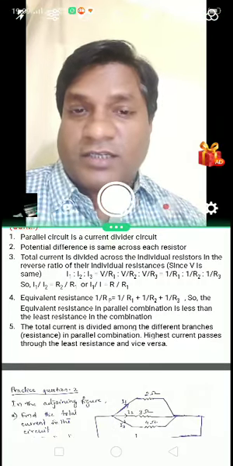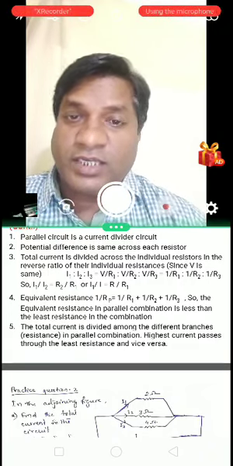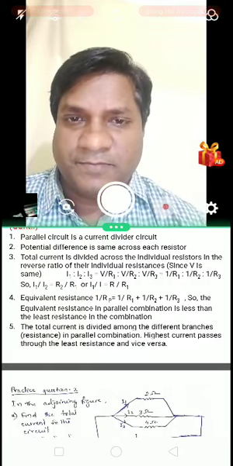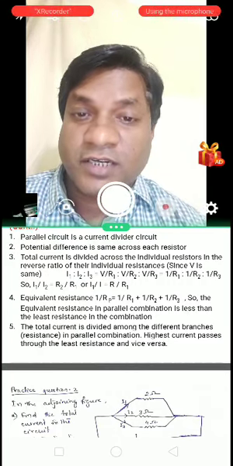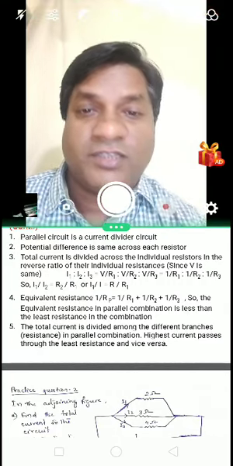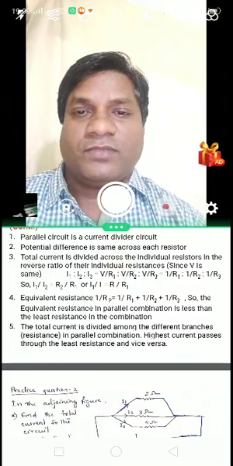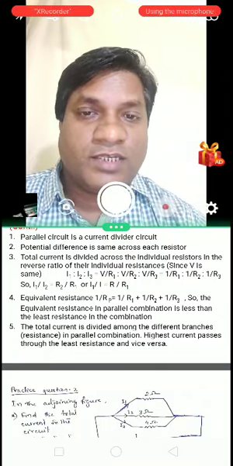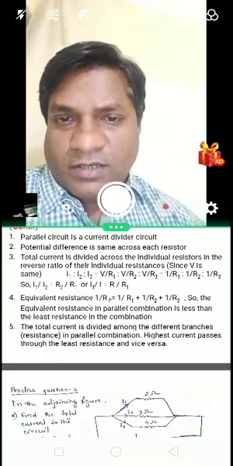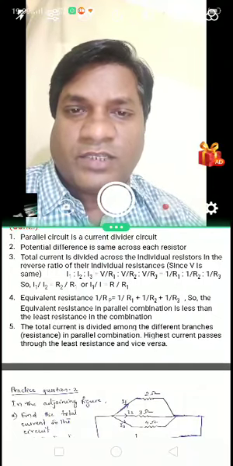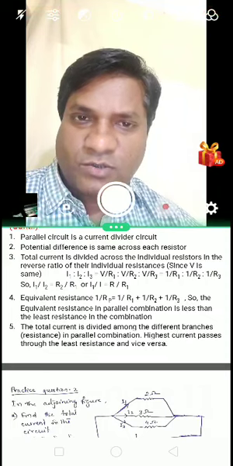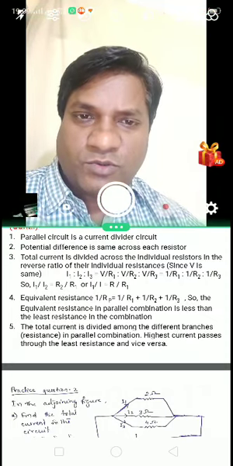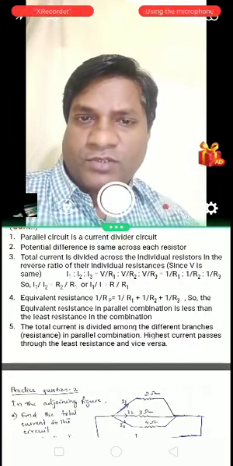In series circuit, we have seen that the potential difference is divided in the ratio of the resistances. But here the current is divided in the reverse ratio of the resistance. Why is it so? Let's see here. I1 is to I2 is to I3 is equal to V by R1 is to V by R2 is to V by R3.